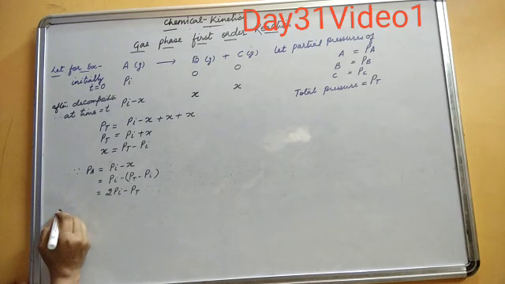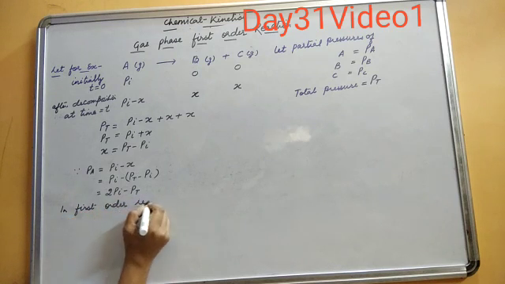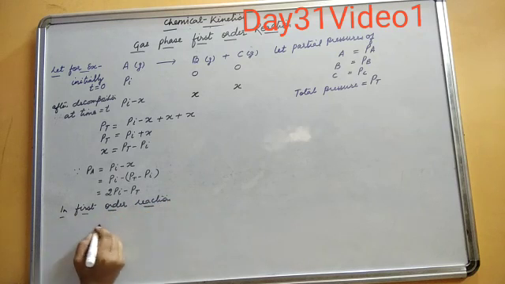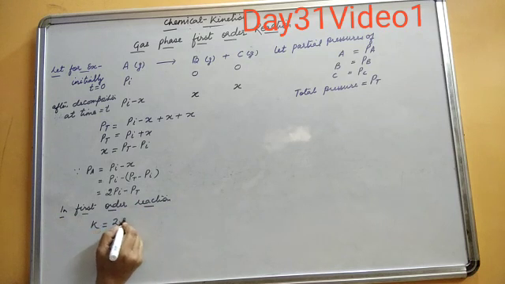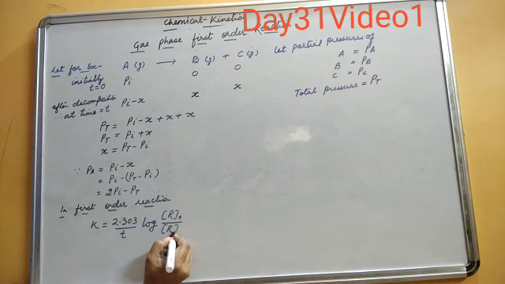Now on putting this value in the first order reaction integrated equation, that is K equal to 2.303 upon t log of initial concentration of the reactant upon final concentration of the reactant at time t.